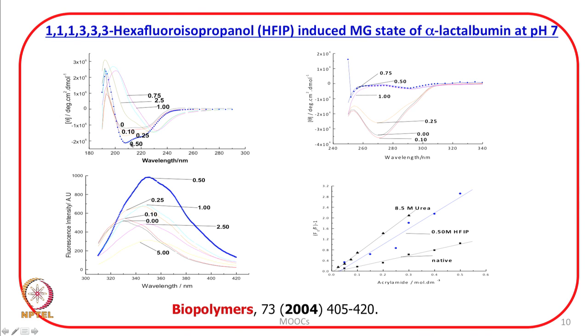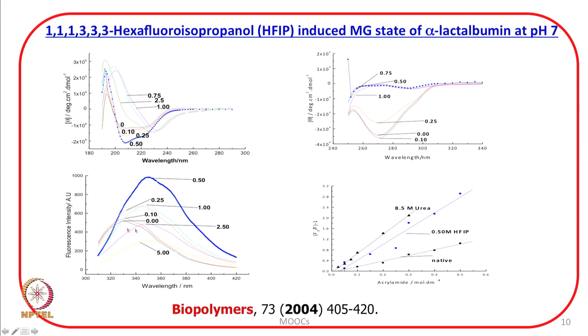That means the secondary structure is relatively stronger than that in the native structure, but look at the blue line here, the ellipticity is almost 0 in presence of 0.5 molar hexafluoroisopropanol, tertiary structure is lost. So, in presence of 0.5 molar hexafluoroisopropanol, secondary structure is strengthened, tertiary structure is lost, and therefore, this concentration induces molten globule conformation in the protein.